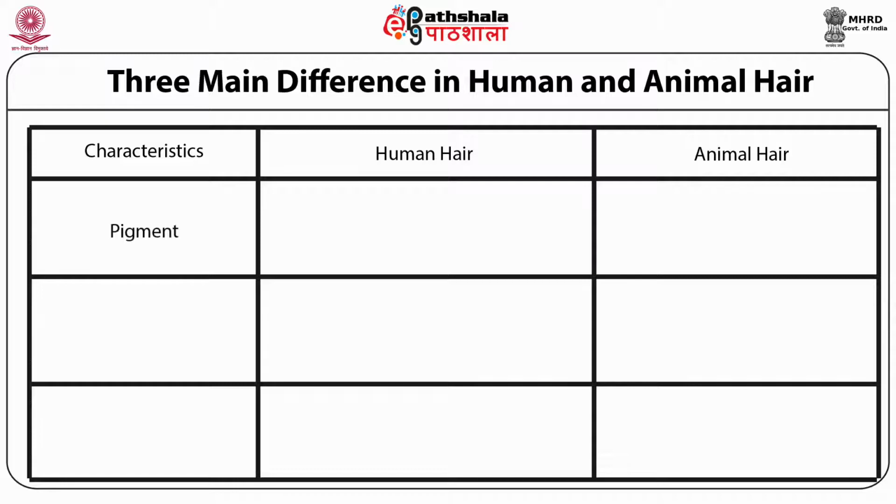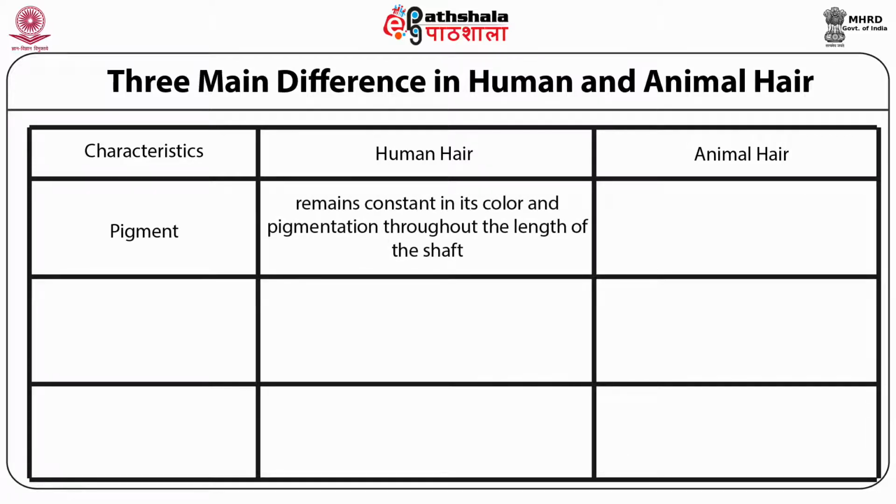The pigments in human hairs remain constant in color, and pigmentation may be present throughout the length of the shaft, whereas in animal hair, the pigmentation shows rapid and radical color changes, which is also referred to as bending.